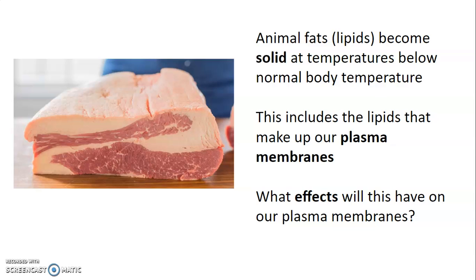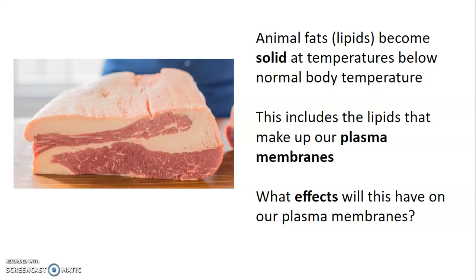But if you think about it, if our cell membranes are made of fats and we get lower than body temperature, all of those fats in the membranes are going to become solid and things aren't going to be able to move in and out of the plasma membranes that surround the cells.